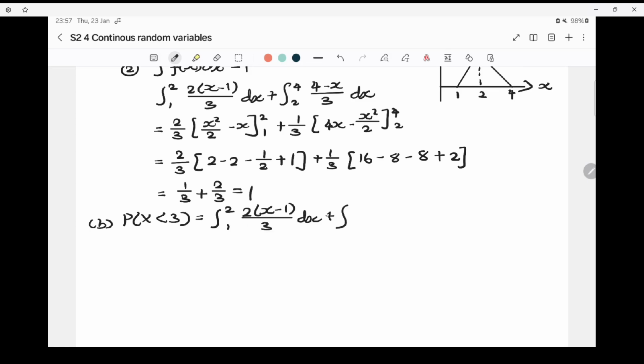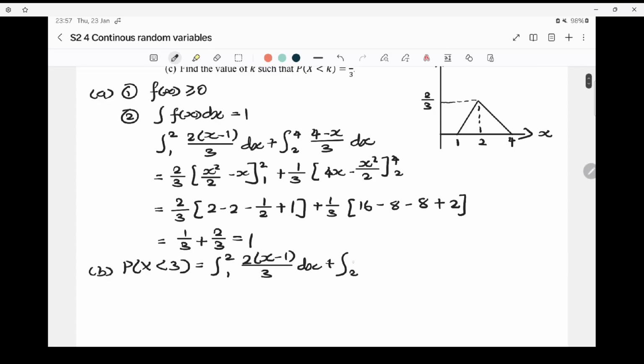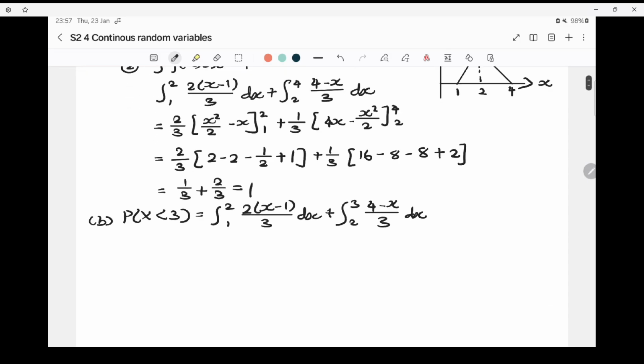And then from 2 to 3, this will be (4 minus x) over 3 dx. From the exercise above, we know that the first portion gives us 1 over 3. So what we need is the second portion.